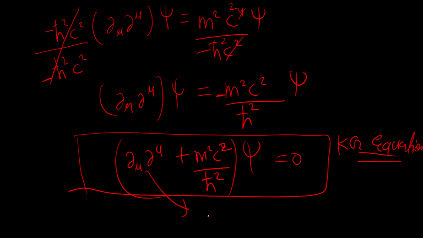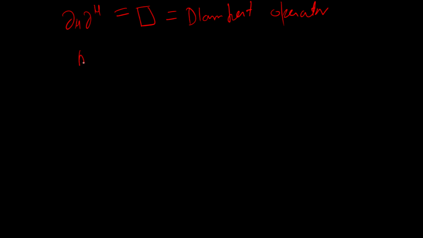Talking about this particular term, this is called box, and this is called the D'Alembert operator. And this term, m square c square over h cross square, in this notation is 1 upon lambda square.